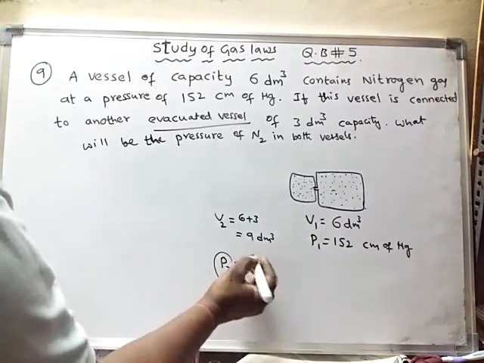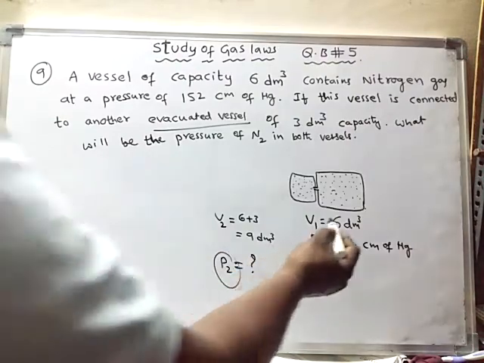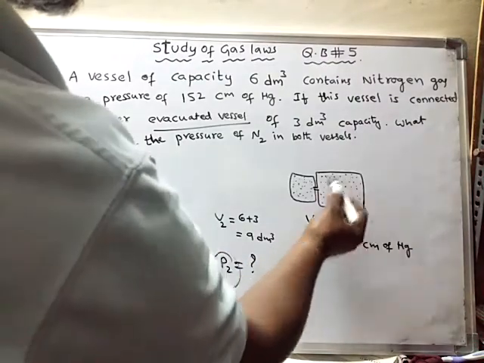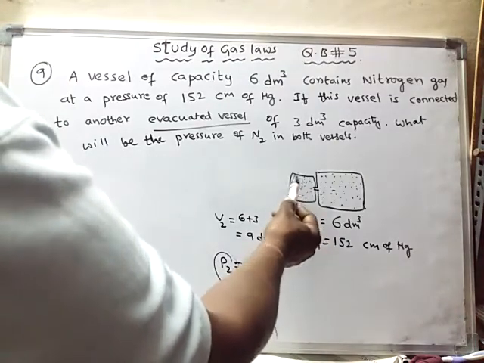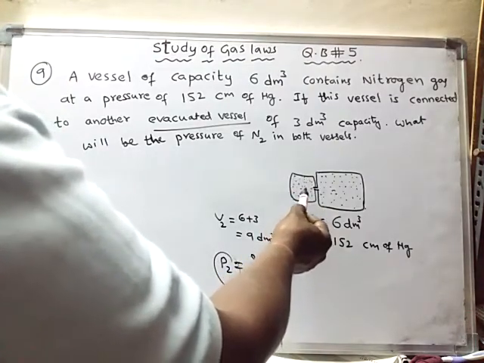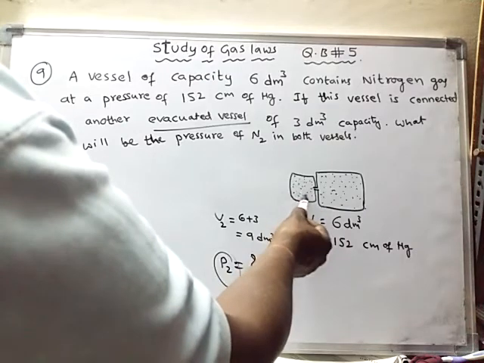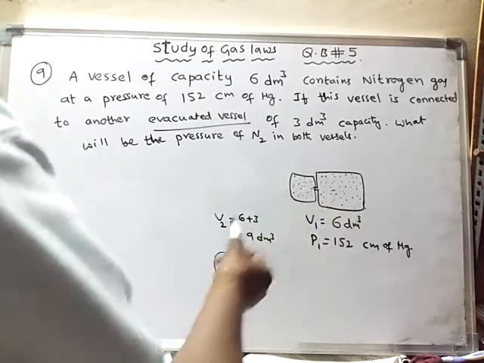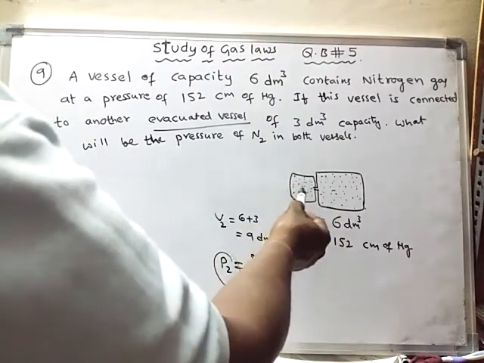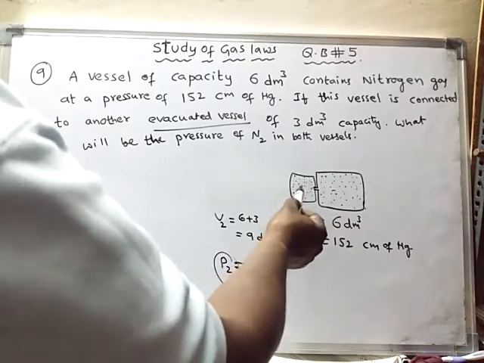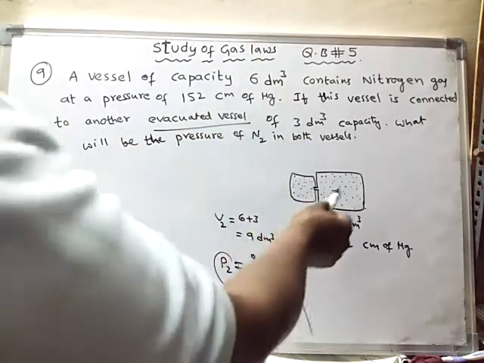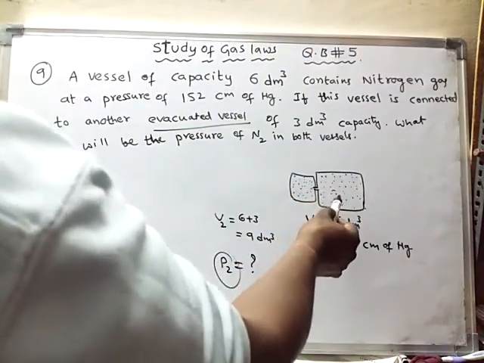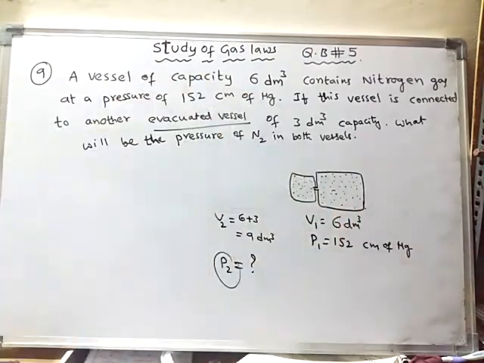In order to calculate this, these are the initial conditions, P1 and V1. Now when another container or another vessel is connected to this one, what happened? The volume is increased because the nitrogen is occupying 9 decimeter cube volume.